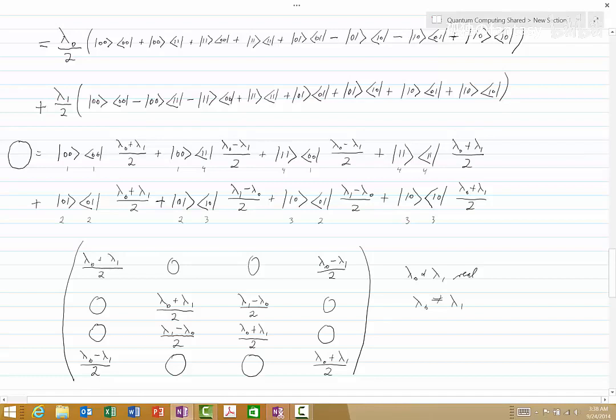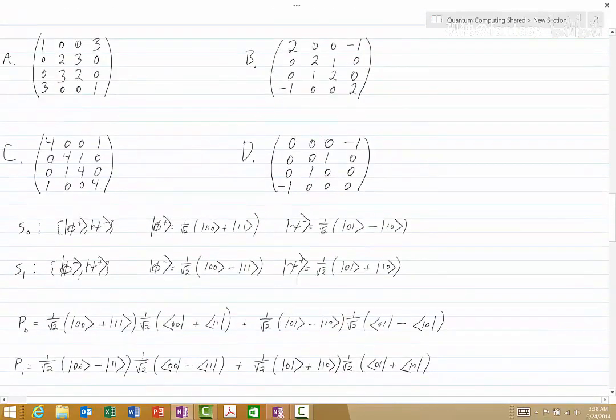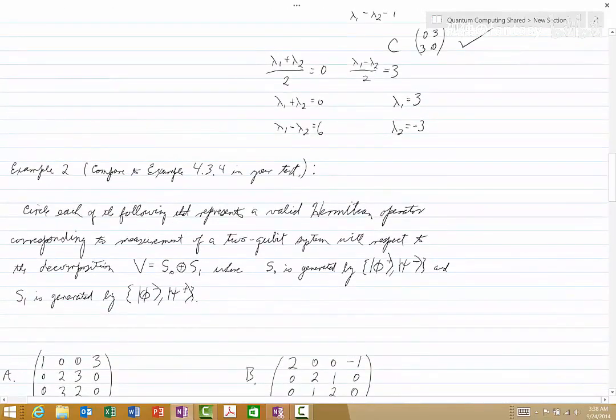And again, remember that any matrix having this form, where lambda 0 and lambda 1 are both real, and lambda 0 is not equal to lambda 1, any such matrix will be a valid Hermitian operator corresponding to the measurement of a 2-qubit system with respect to this decomposition shown here.